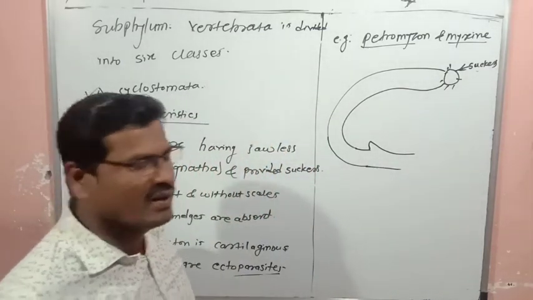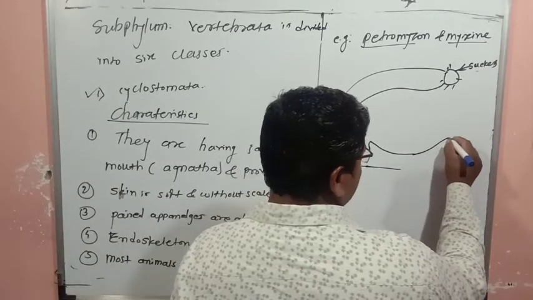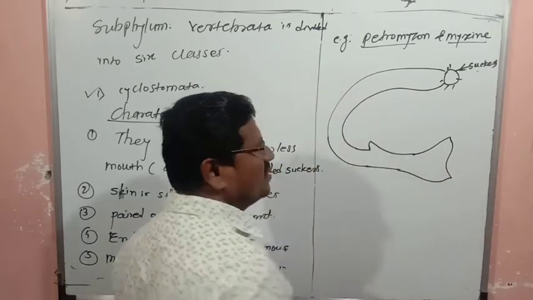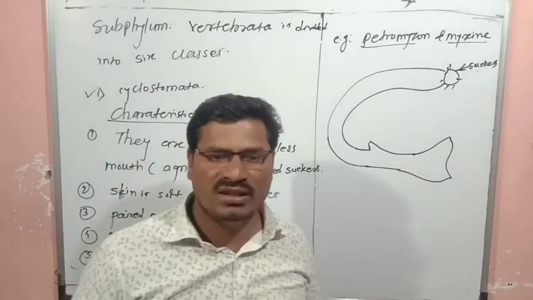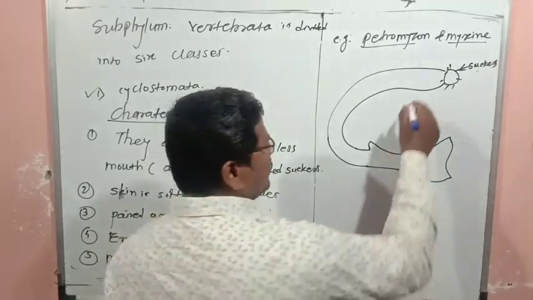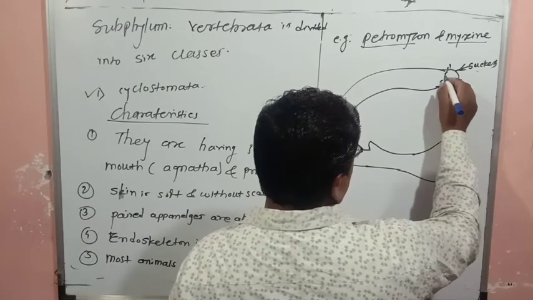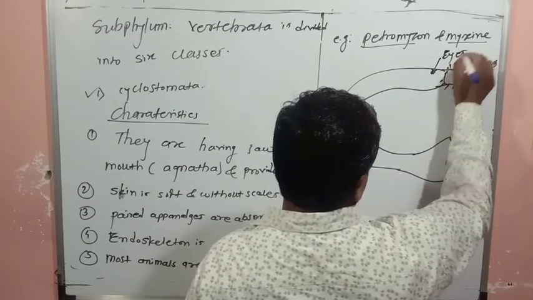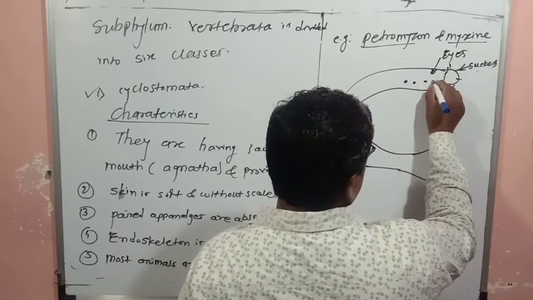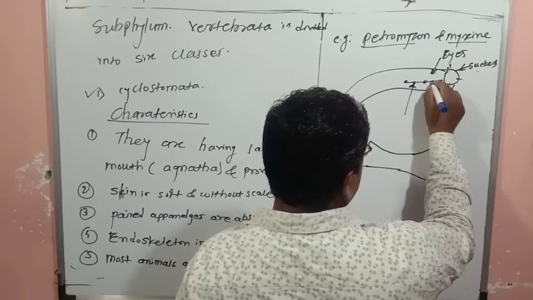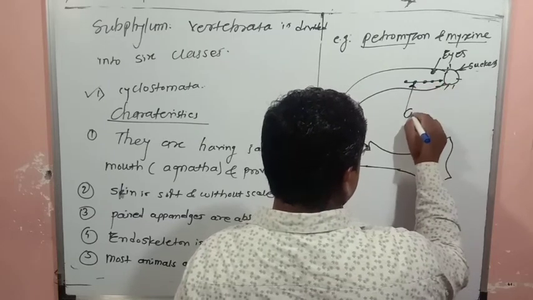Finally, you will draw like this. Which names are there in the diagram? Gill slits are there, eyes are there. Suppose here the mouth is, here the eyes are, and here will be the gill slits.